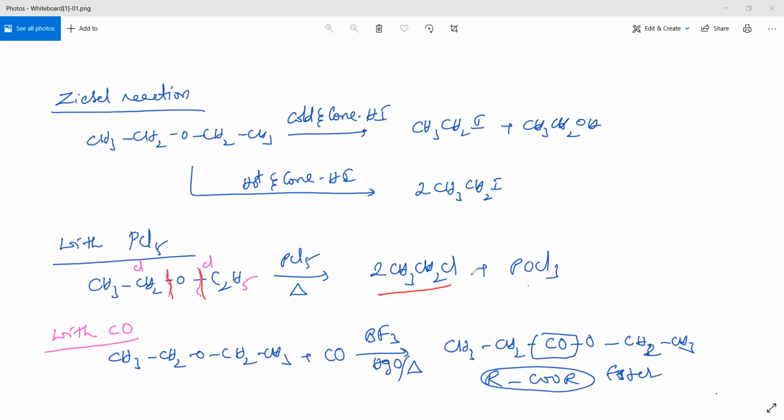So you get 2 moles of ethyl chloride plus the remaining POCl3. With carbon monoxide, always insert this carbon into the carbon chain. It will become CH3CH2COO, because if CO comes here, it is CH3CH2COO. So then you will get an ester. What are you getting here? Ester.